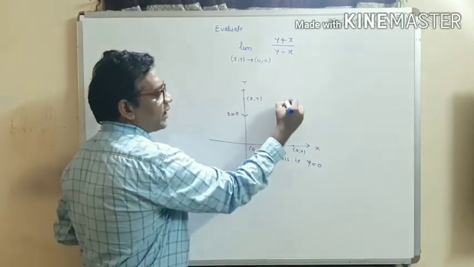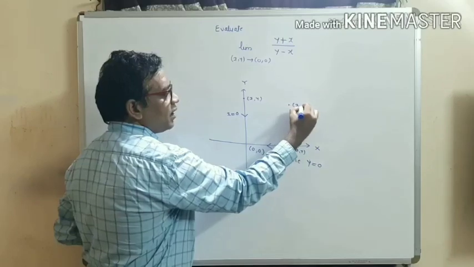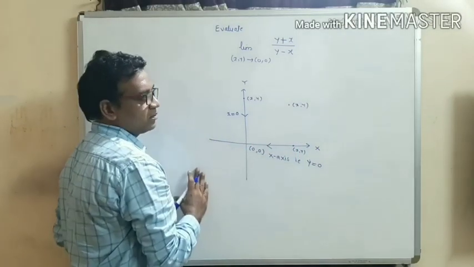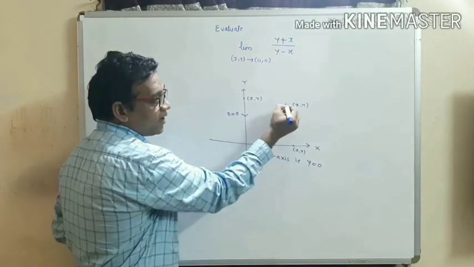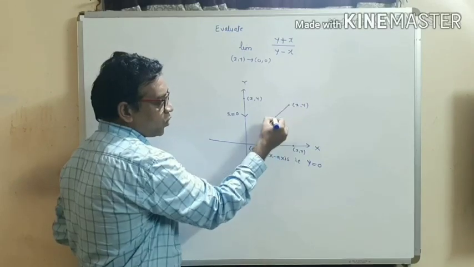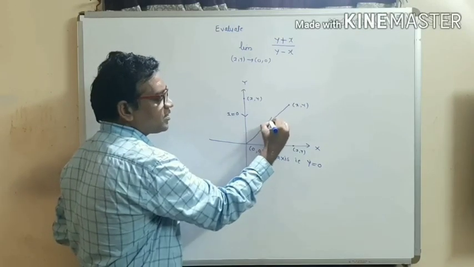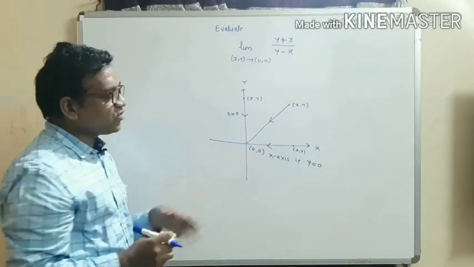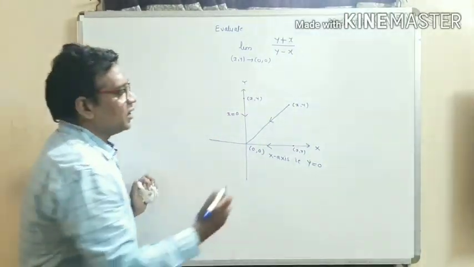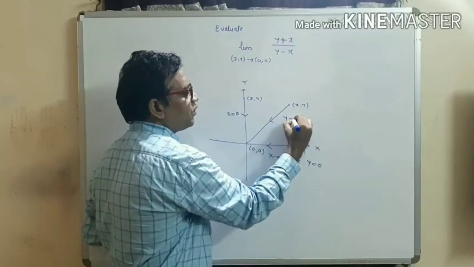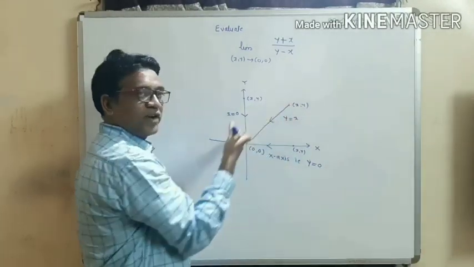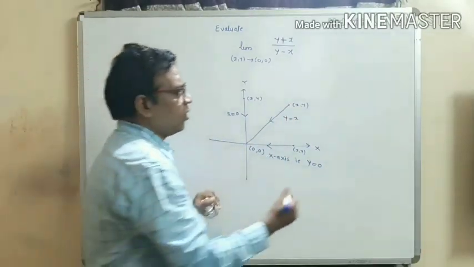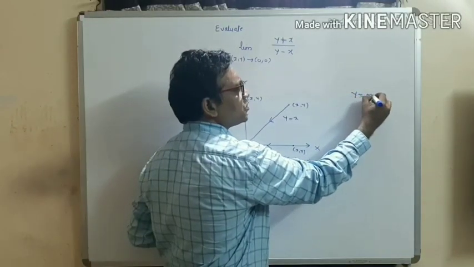Now suppose this point (x, y) lies in the first quadrant. Then we can say that (x, y) approaches the origin along a straight line passing through the origin. And what is the equation of a straight line passing through the origin? This is y = x, or we can take y = mx also.